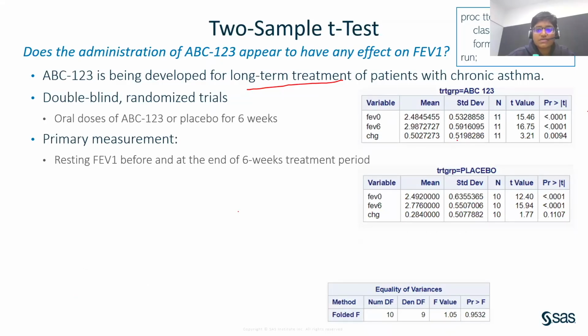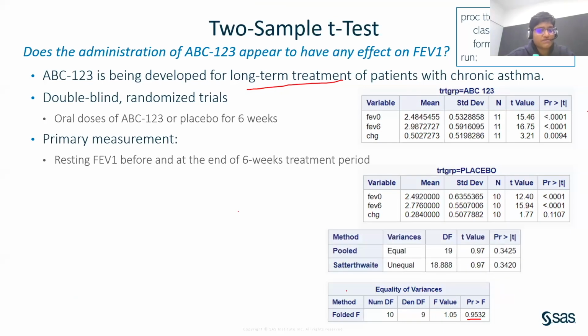Here you do notice that for the change variable, the standard deviation is 0.51 in ABC 123, and 0.50 in placebo. So there's not a lot of difference in terms of the variances. The equality of variances test also points towards the same value, and I conclude that it is equal variance.